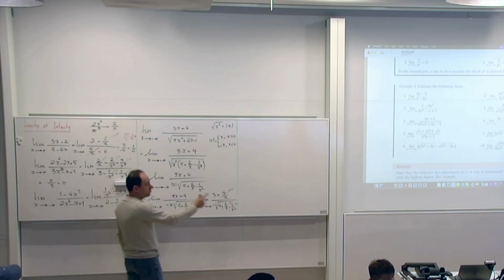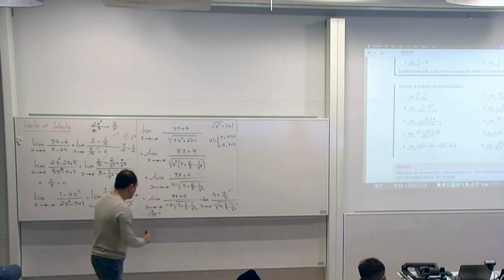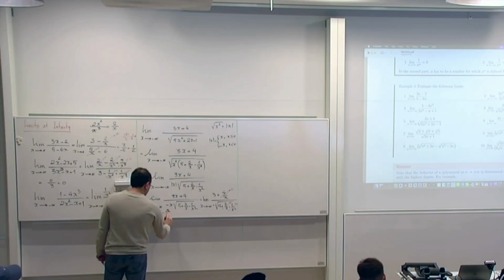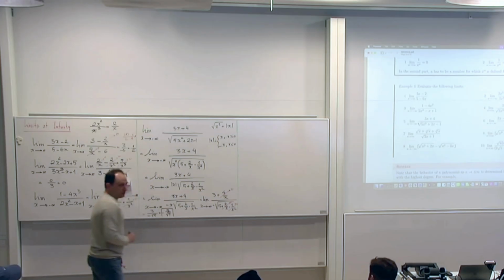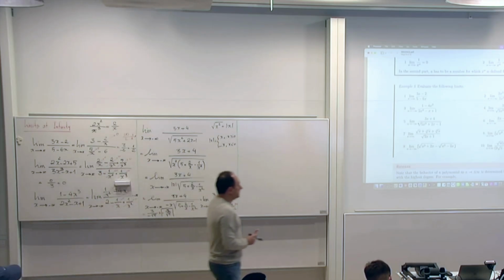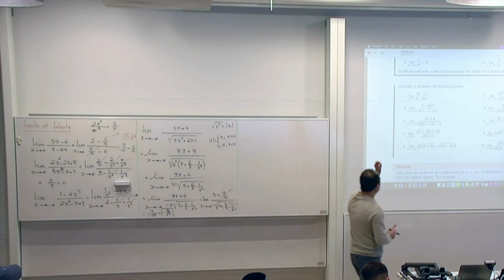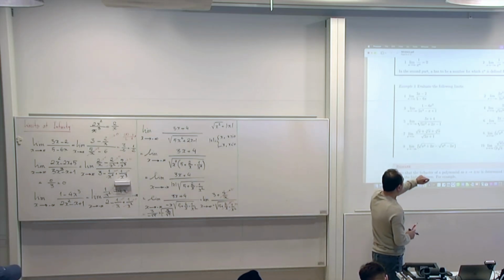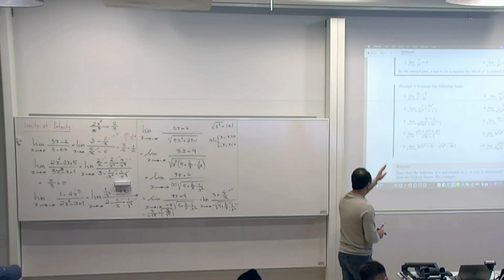It is true for the previous case when x goes to plus infinity. So I would prefer to write it as minus 3 over the square root of 5. Yes, understandable? Okay. So I want to solve two more, number 6 and, for example, number 9.